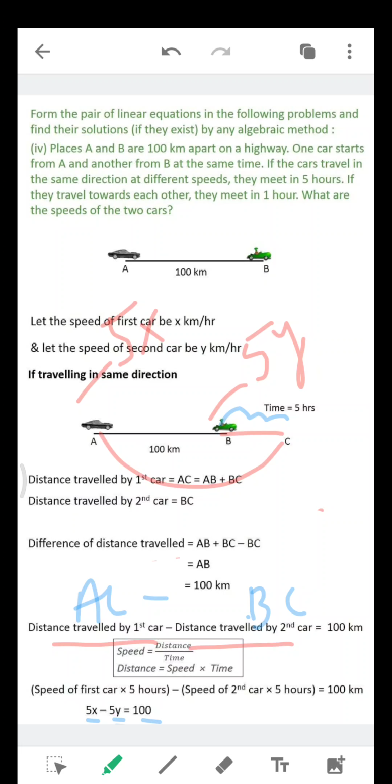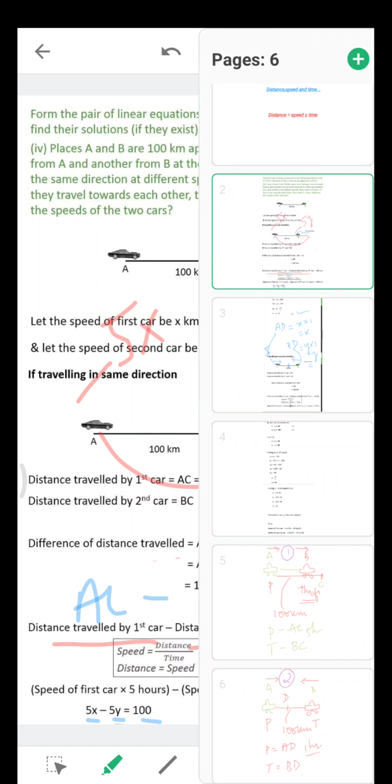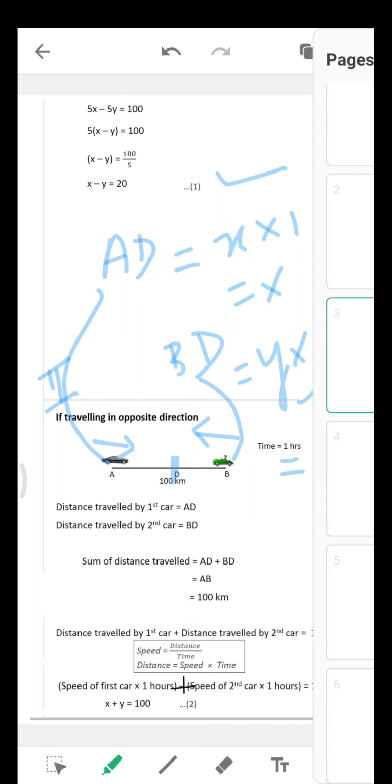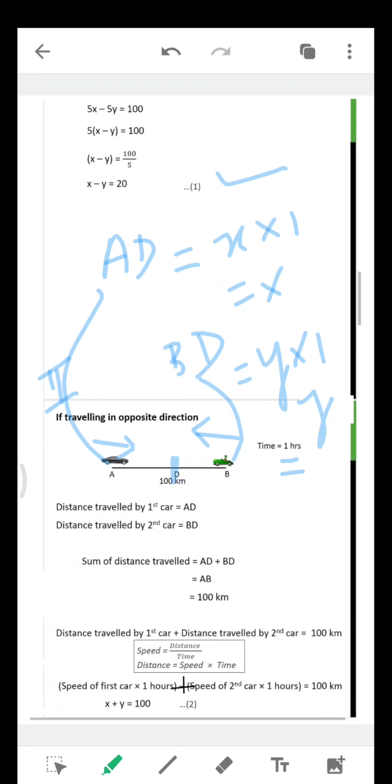When you do AC minus BC, you get 100 in this case. That is the reason we are subtracting. And in this case, when you add AD and BD, you get 100. So we are adding the distance traveled AD and the distance traveled BD, that is equal to 100.